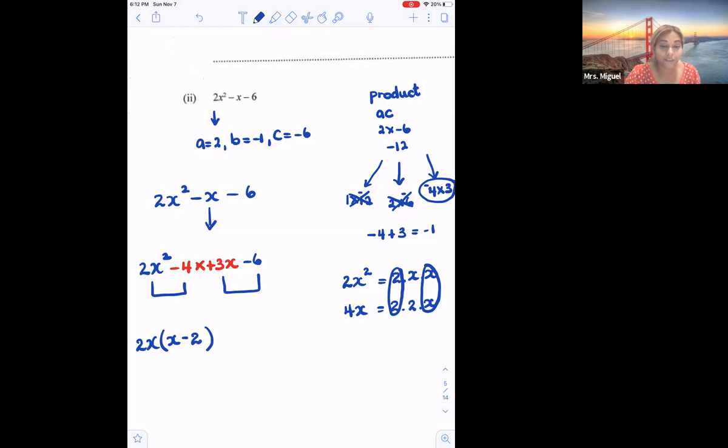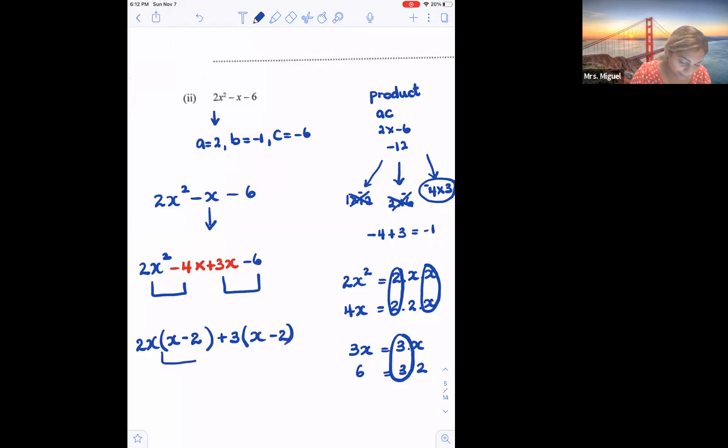Before I go any further, my first bracket must be identical to the second one. So I have 3x and 6. 3 multiplied by x and 3 multiplied by 2. 3 is common. So 3 goes outside and I have x minus 2.